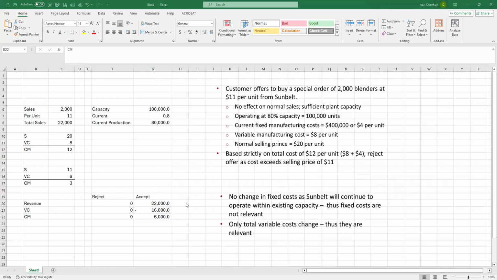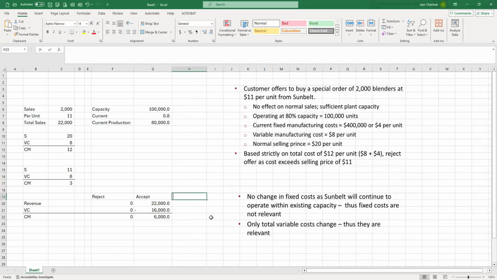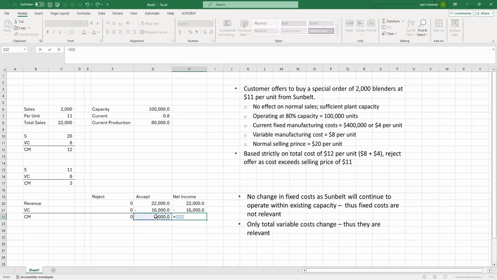So now the question is, again, what will be the effect on the net income? It is 6,000 more. Revenue is going up, then the variable cost expense goes up, and that triggers the $6,000 increase in my contribution margin.